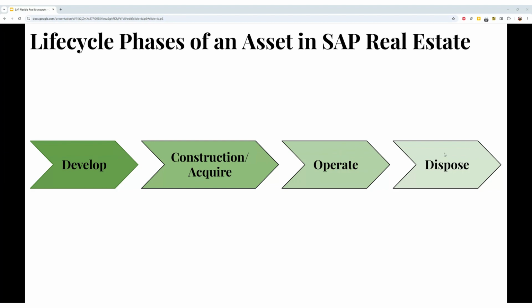The last phase is the dispose phase. Once a building or certain rental unit is not fit to be leased out, we can mark that accordingly in the SAP system, and it will not appear further as an available unit. Maybe the company has decided to demolish the whole building for various reasons.